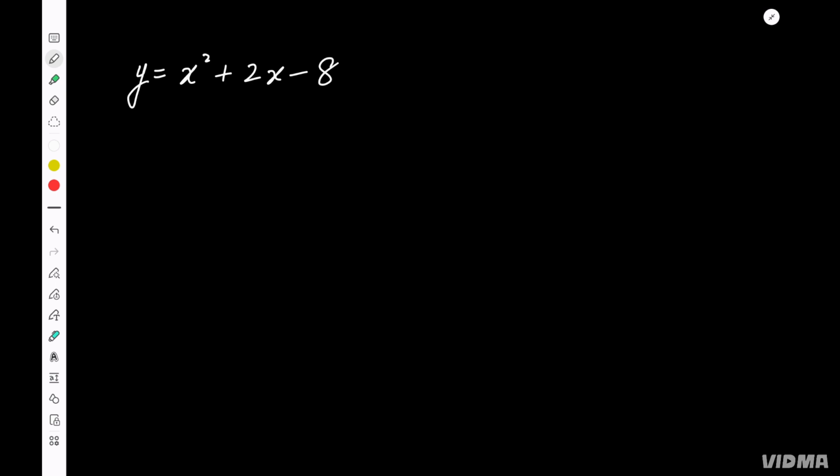How can we identify that? By looking at the coefficient of x². The coefficient is positive 1. Whenever we have a positive coefficient, the graph would be a happy face.